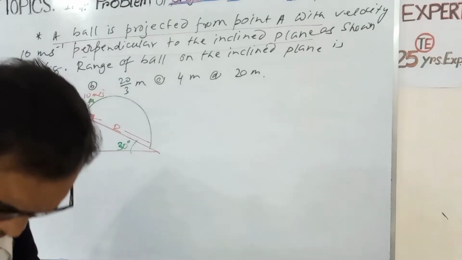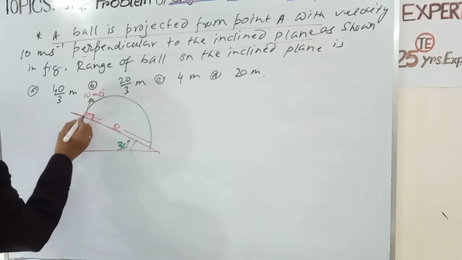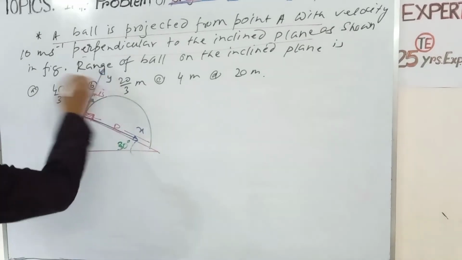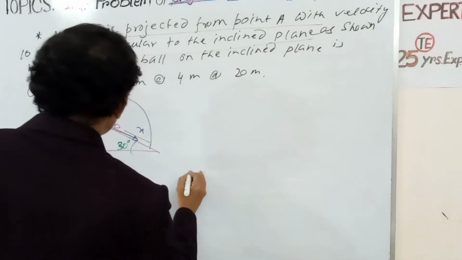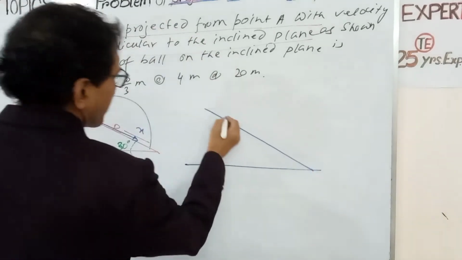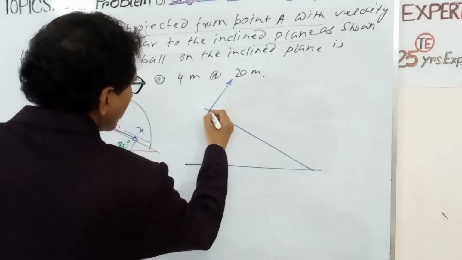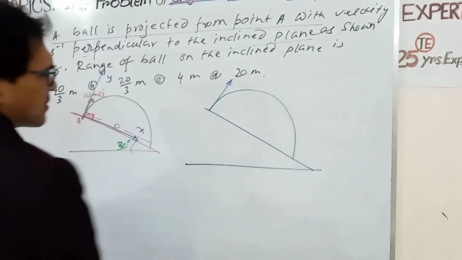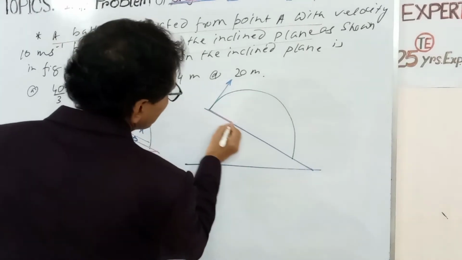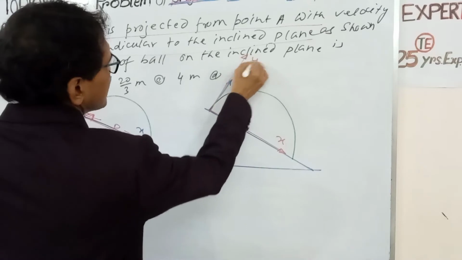Now to solve the problem, I have discussed in the previous video that take this along x-axis and this along y-axis. I draw the picture here clearly. So take this along x-axis and this along y-axis.